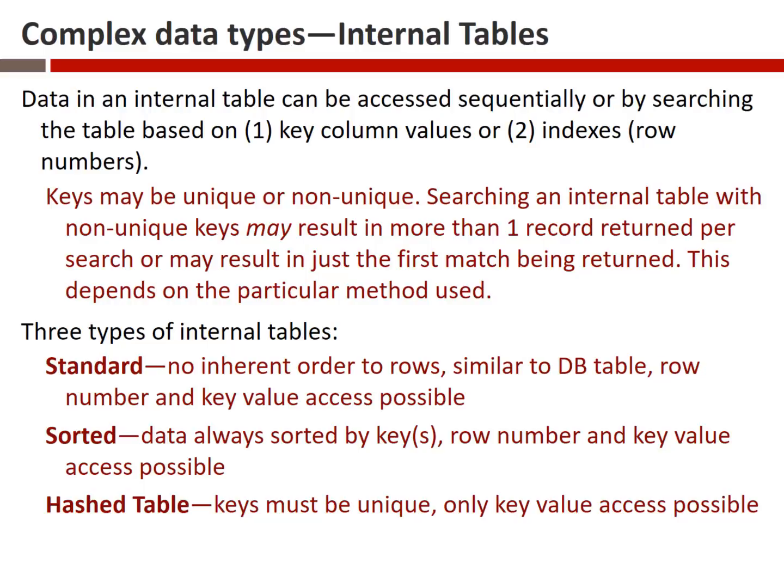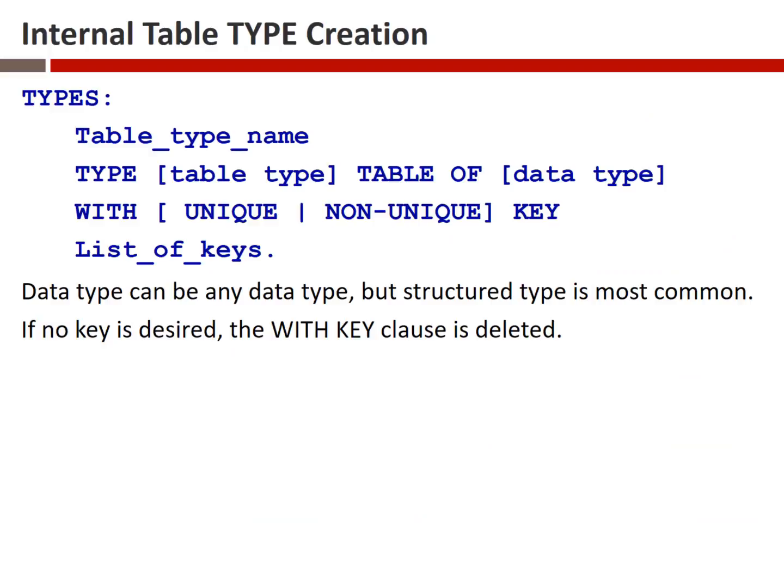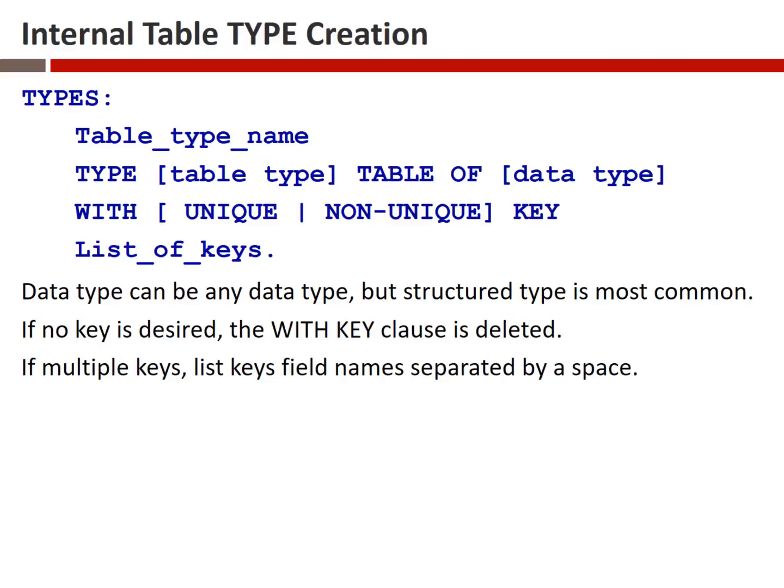Well, if I don't specify a key, now all I can do is access the table by row number sequentially. But there's plenty of times when that matches up with what it is that I want to do. So the idea here is that the with key clause can be deleted if I want to create a standard table and I don't want it to be searchable based on keys.